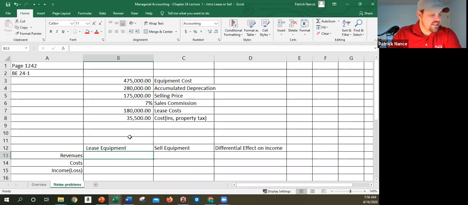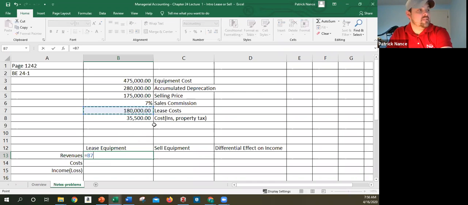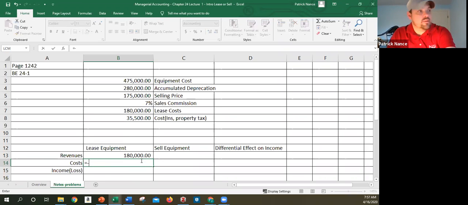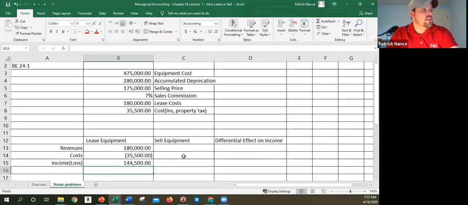So if I lease the equipment, it says that I would receive $180,000 in revenues. Now, as far as costs go, it says that I have $35,500. So I'm going to do a negative number just so I can add. $35,500 in cost, insurance, and property taxes.